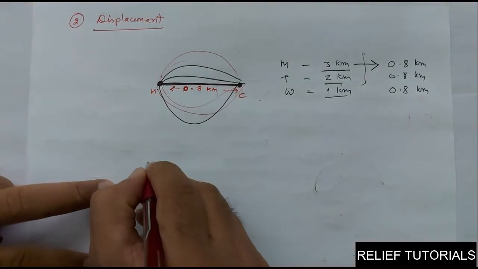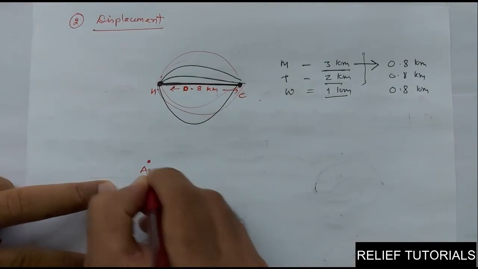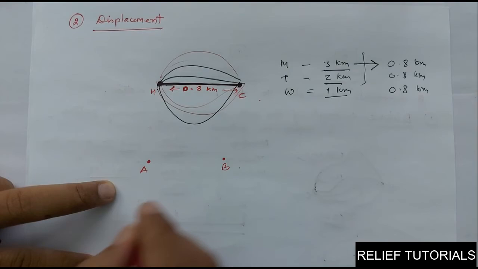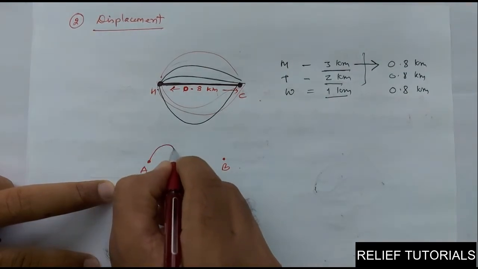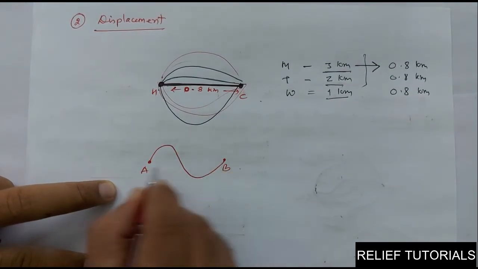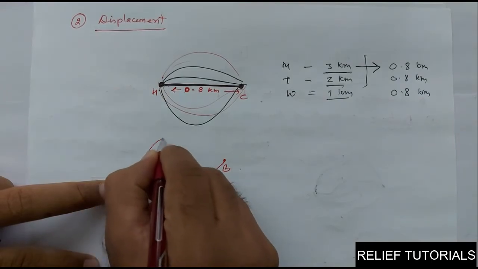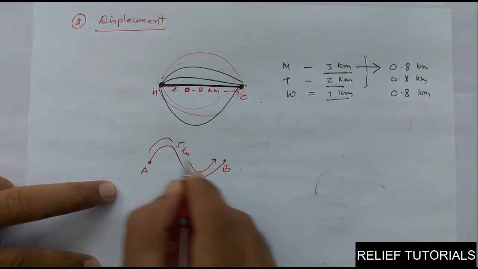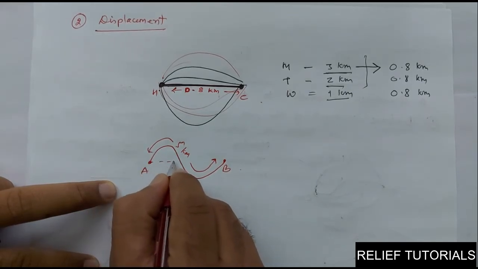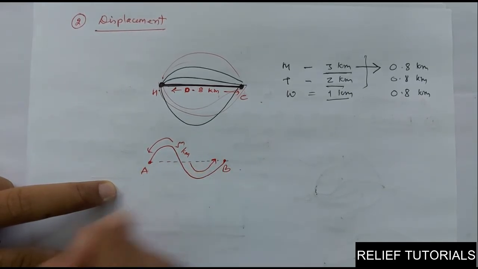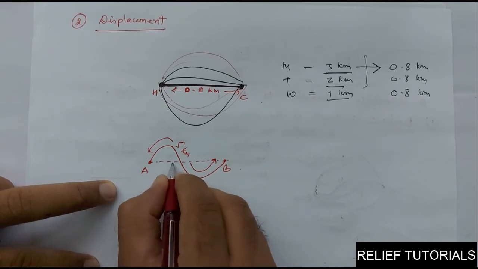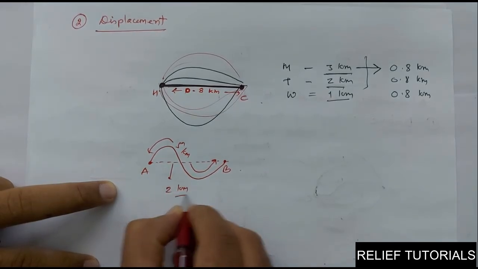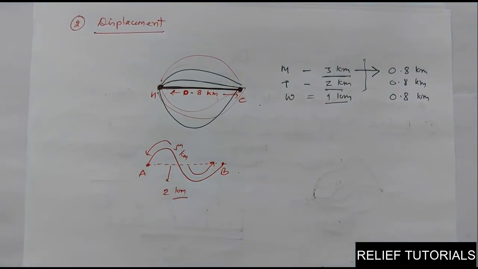If I say this is point A and here is point B, this is the path followed by one of the particles. The length of this path is 5 kilometer and the straight distance between these two is 2 kilometer. So the path followed is a curved path.